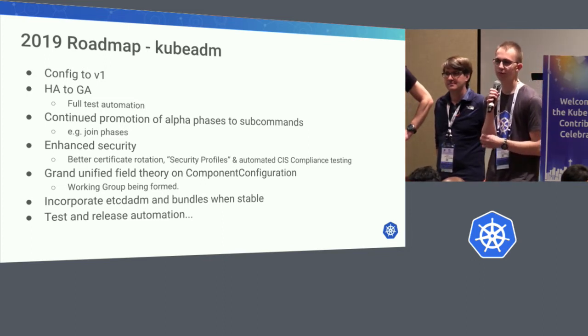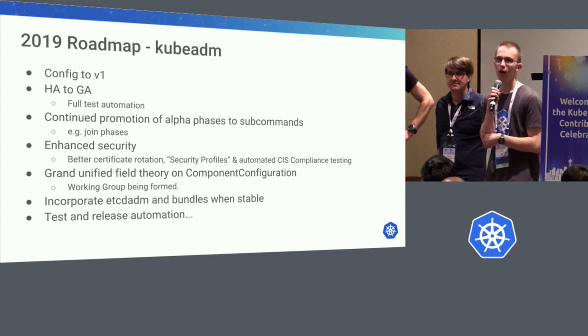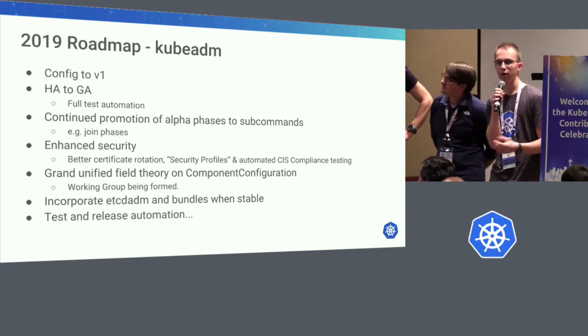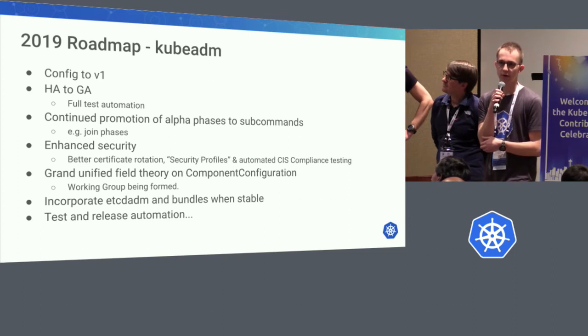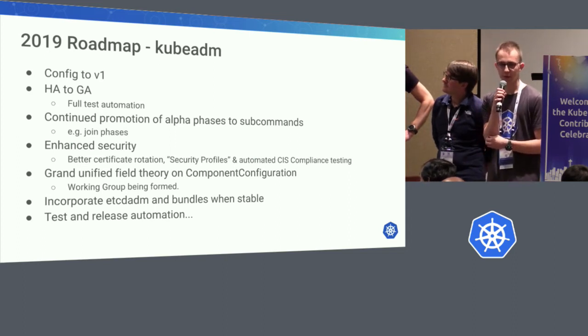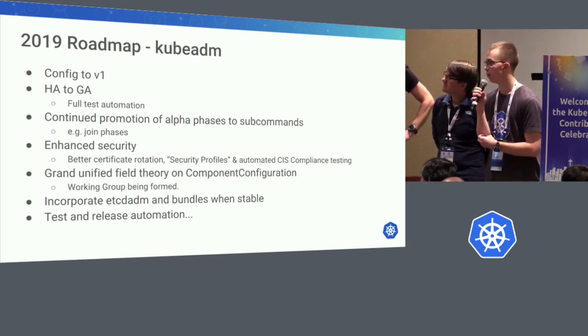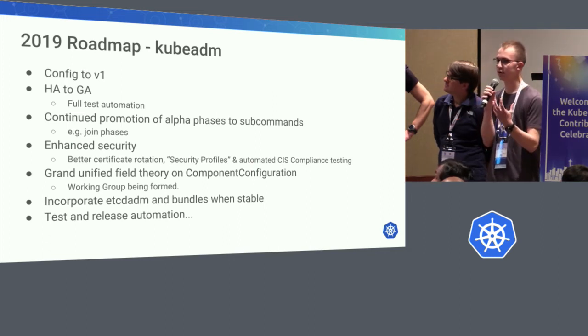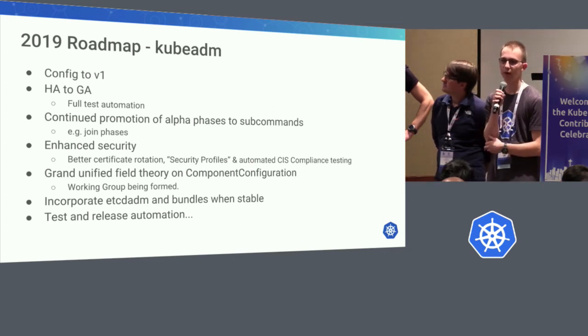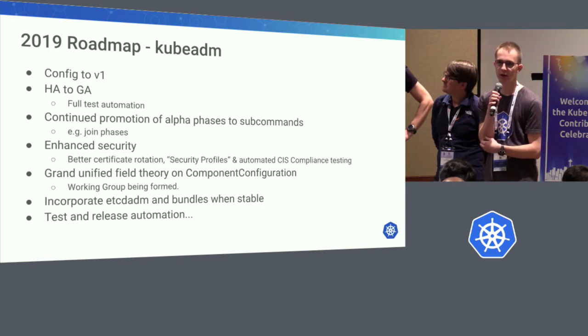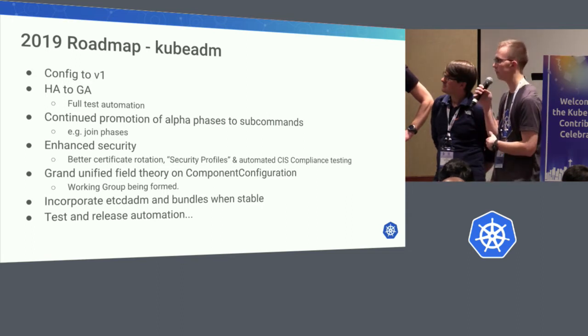So basically joining a node first, but also starting the API server and similar tasks needed for a control plane node. So doing all that kind of automation in one box is beneficial to do more of this unification.